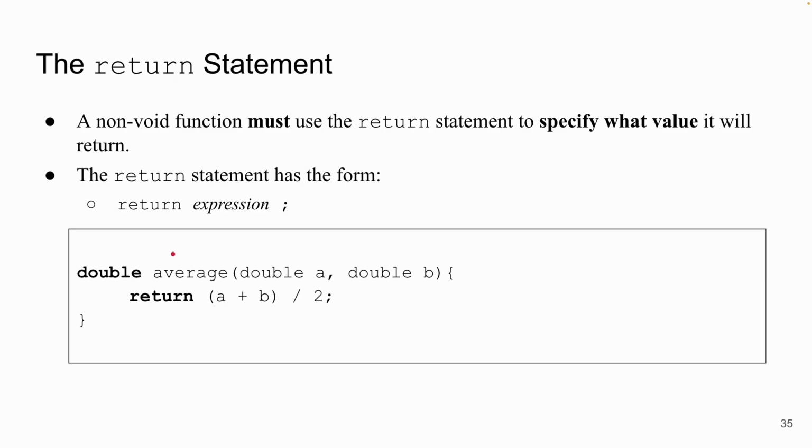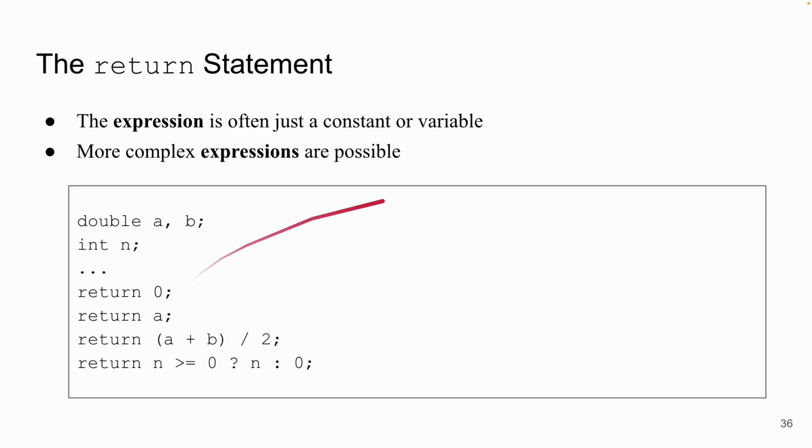Again, like the average function, we have return here and we specify what value this function should return. The expression following return is often just a constant or variable.